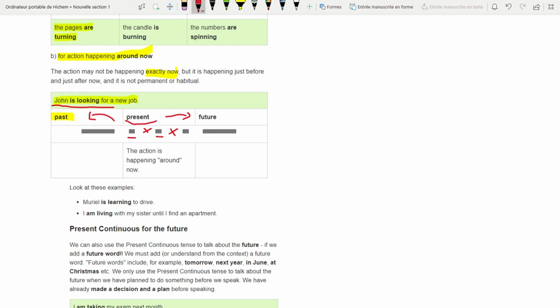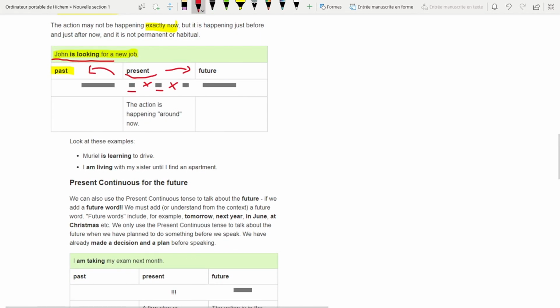But we're sure that before saying the sentence, she was learning to drive, and we know that after saying the sentence, she will be learning to drive, right? So this is the whole concept of the action happening around now. And of course, I can add another example if you want, which is I am living with my sister until I find an apartment. Okay.